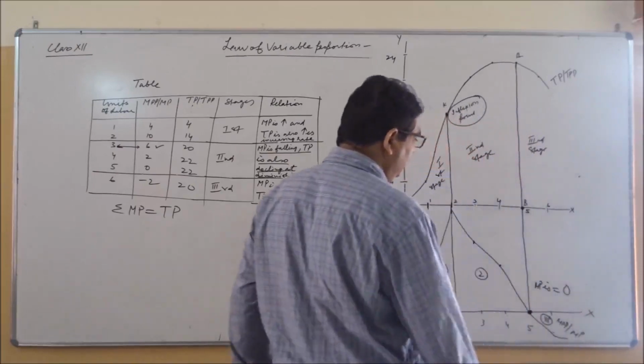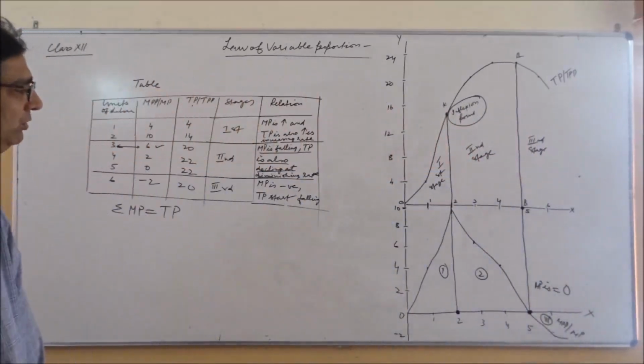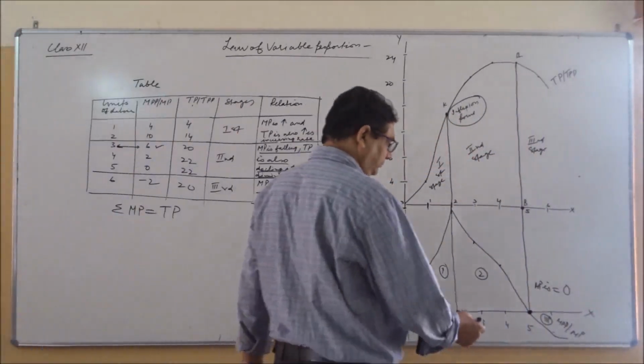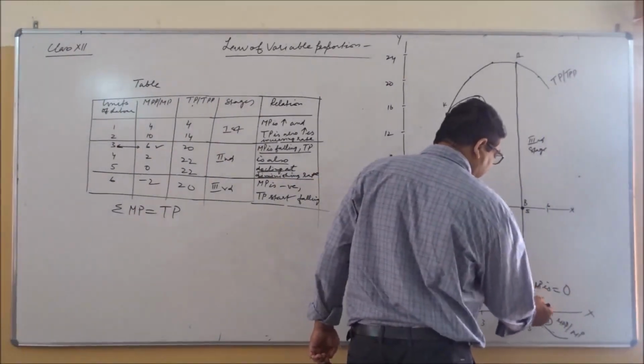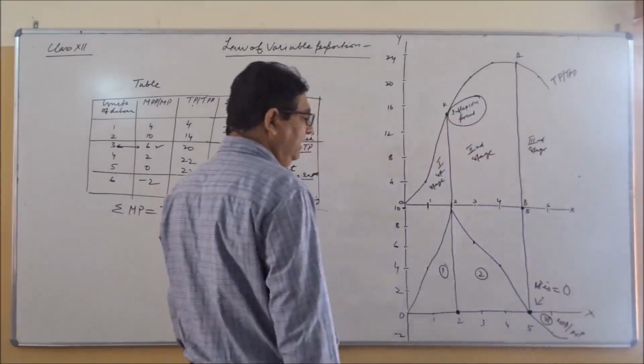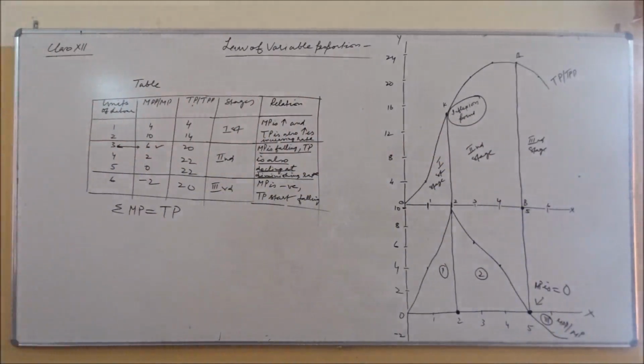MP is equal to 0. So this is the end of the second stage. In the third stage, MP becomes negative, and it crosses the x-axis and goes down.